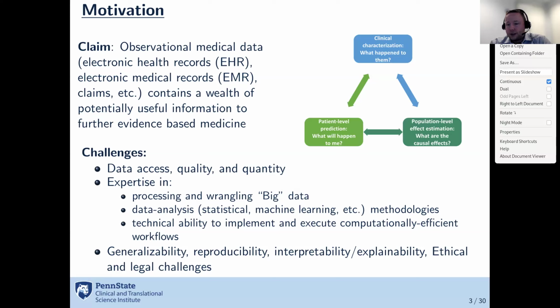Along with that, there are challenges across reproducibility. If we can't share data or potentially code, how do we reproduce results? I'm aiming to touch on some of these challenges and how within the CTSI Informatics core we're aiming to address them.